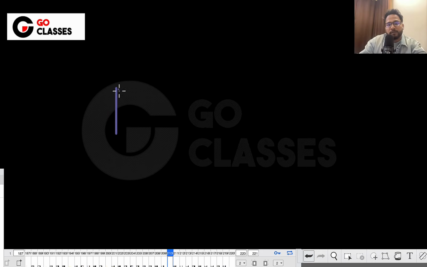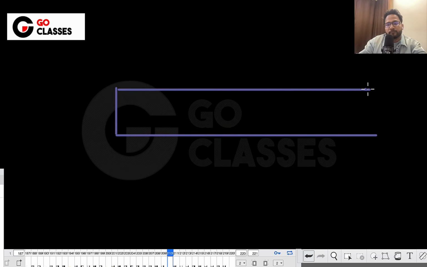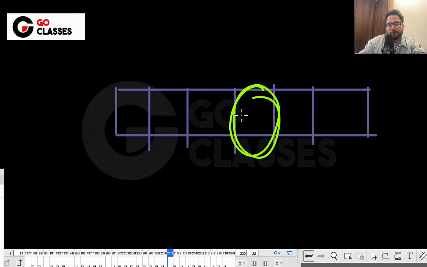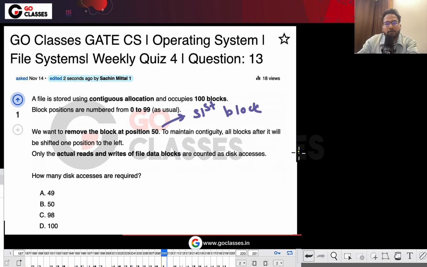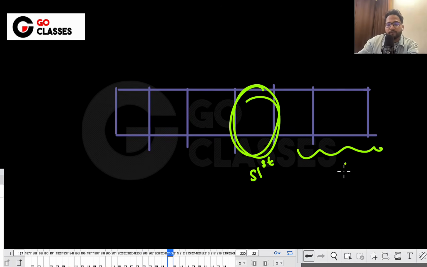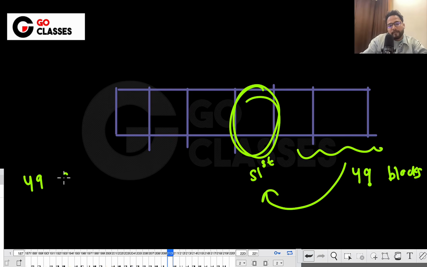Okay, so basically, let's suppose this is the 51st block. Then all of these should be shifted left. So there are 49 blocks here, so 49 shifts are needed.